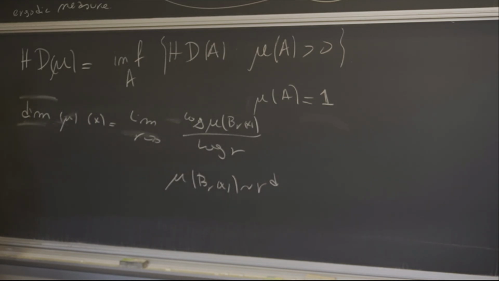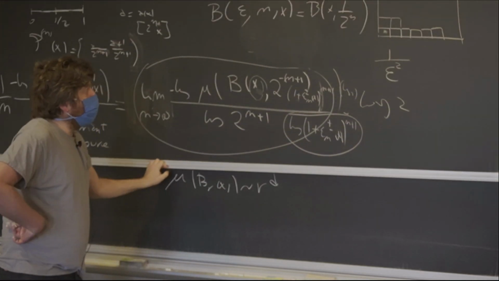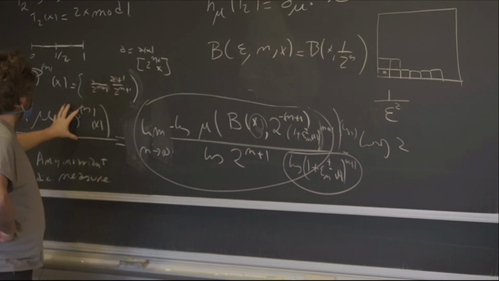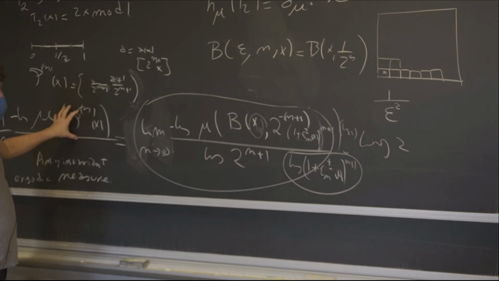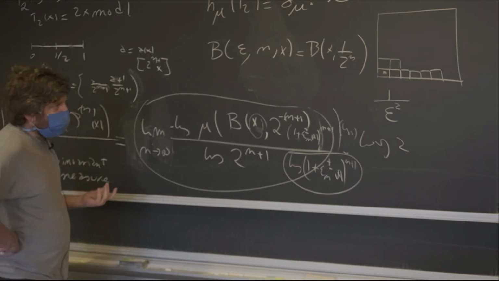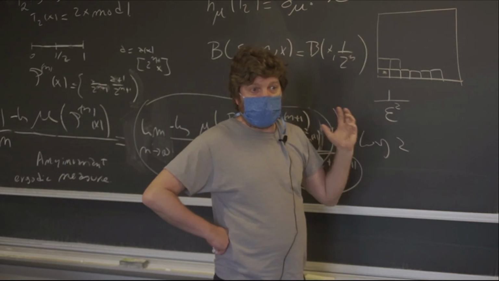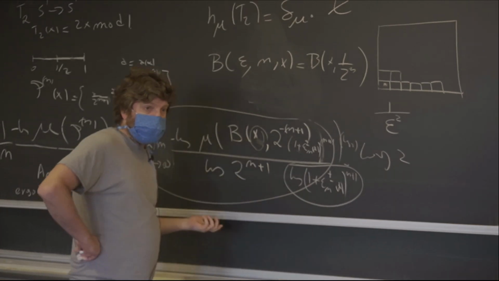And even, again, by the very relation of entropy and Shannon-McMillan-Breiman, you can also compute the box dimension of the measure. Box dimension is simpler than Hausdorff dimension in the sense that it's more natural. It's how many sets you need to cover, just a counting to whatever power.